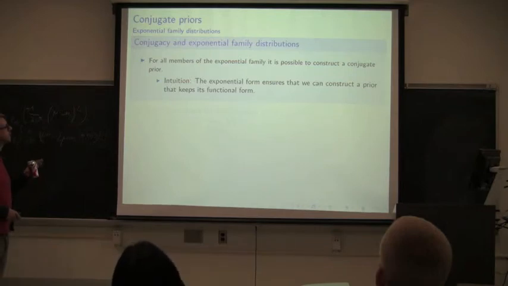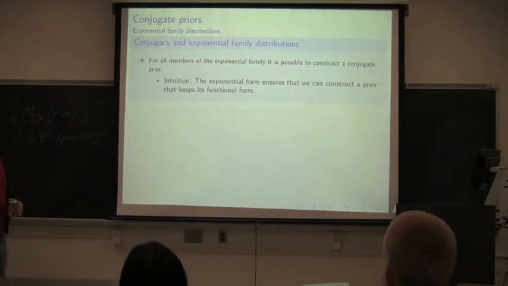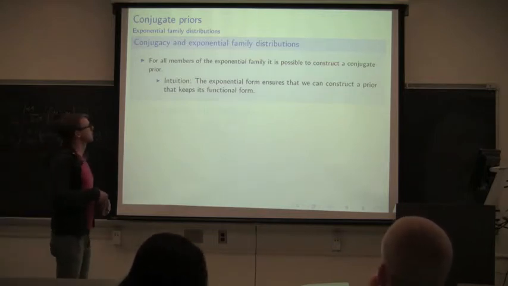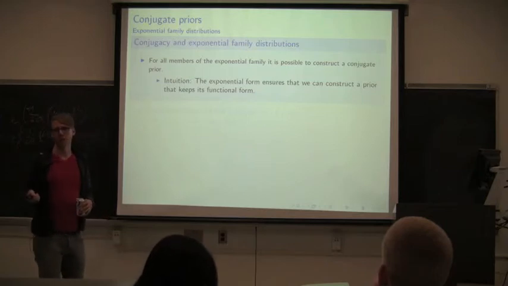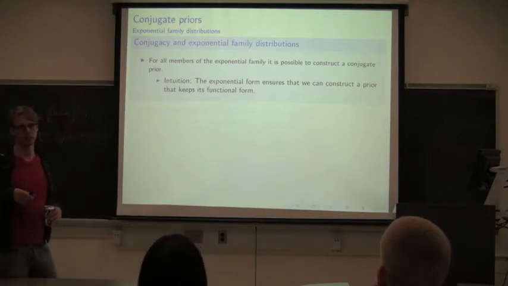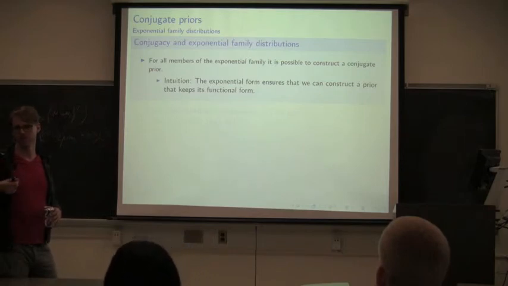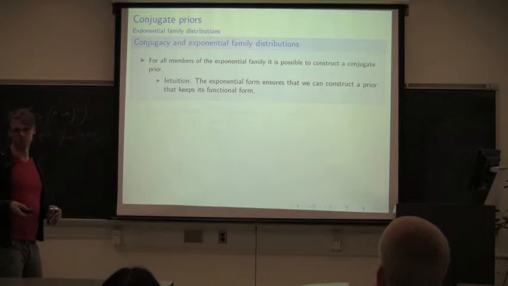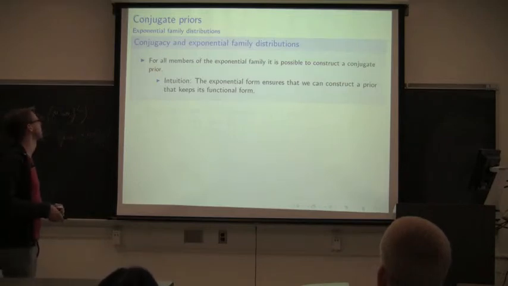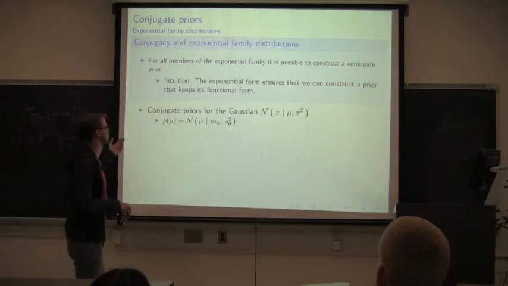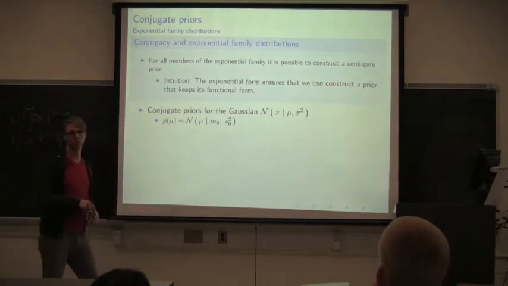And, well, for all the members of the exponential family, it's possible to construct the conjugate prior. And this conjugate prior is also an exponential family. And both the posterior, the prior, as well as the joint distribution will be exponential families. And the conjugate prior for the Gaussian, well, for the mean, that's what we used, the normal distribution.